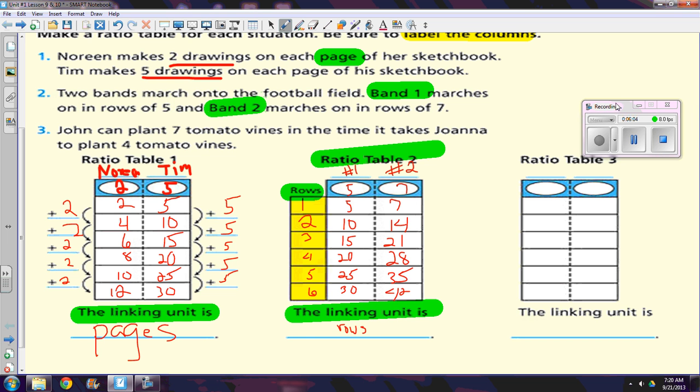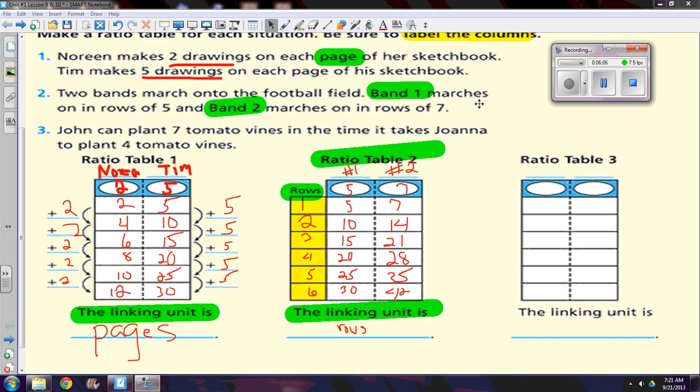All right, I'm going to show you what number 3 would look like, but you don't have to do number 3. But let's take a look at number 1 and number 2 and number 3 completed.